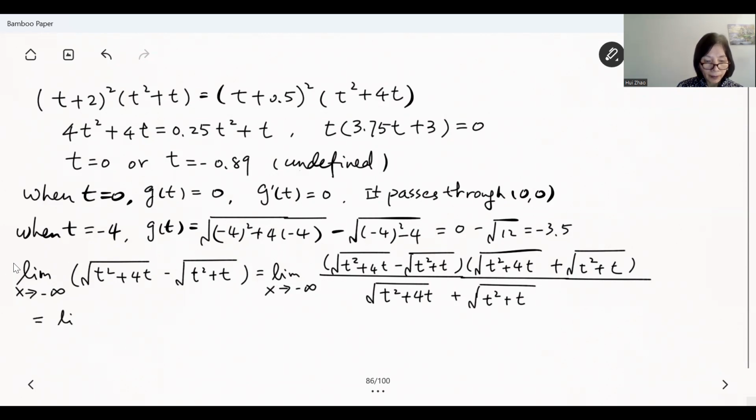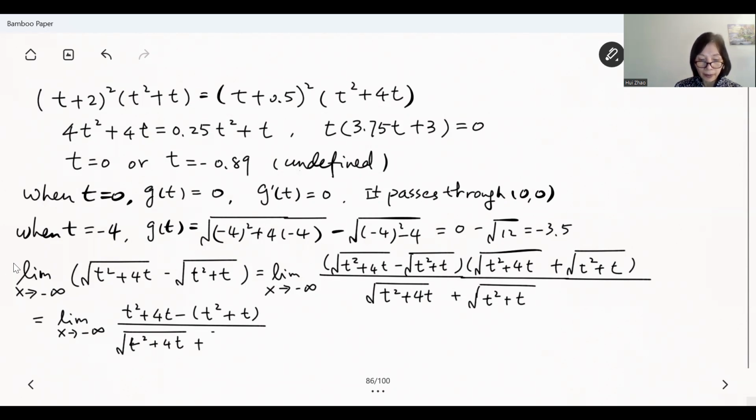You can get here the numerator is t squared plus 4t minus (t squared plus t). Okay, over the square root of t squared plus 4t plus the square root of t squared plus t.